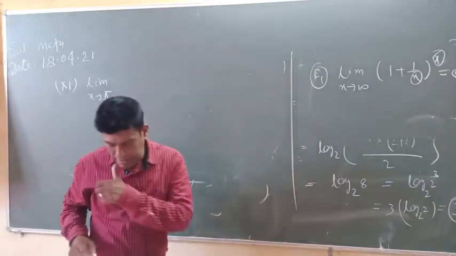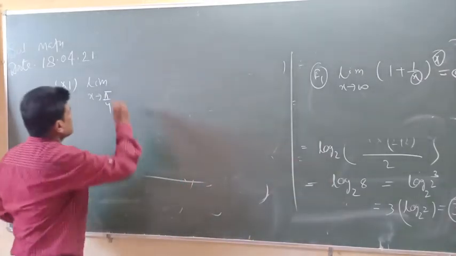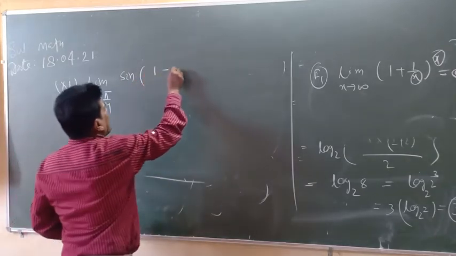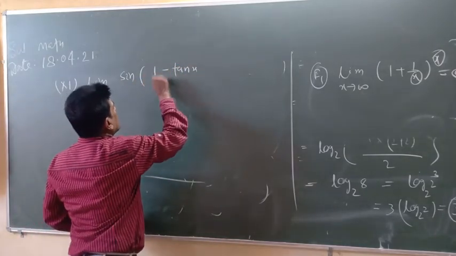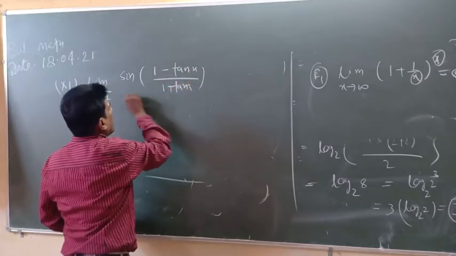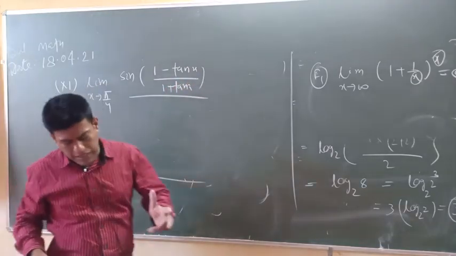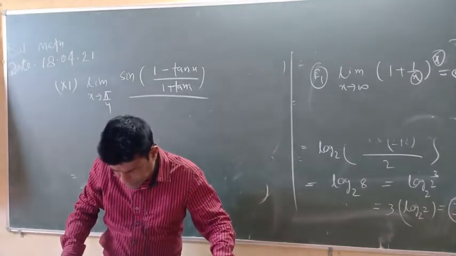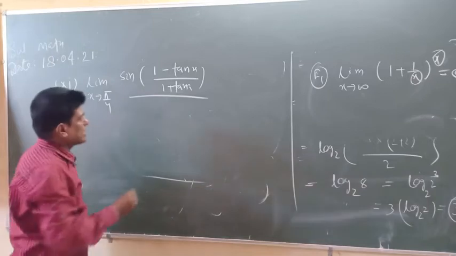Given sine of (1 minus tan x by 1 plus tan x) by (pi by 4 minus x).